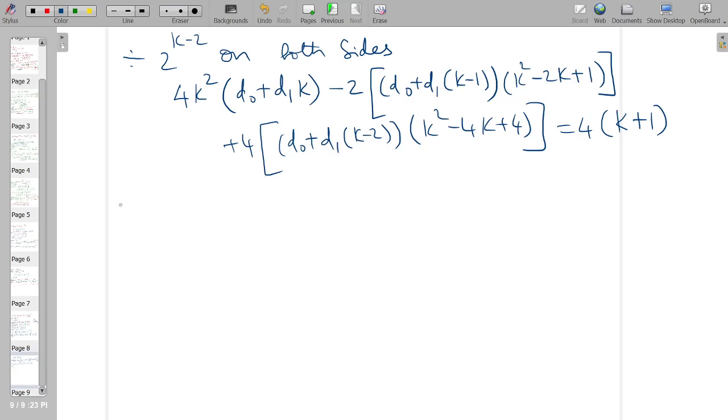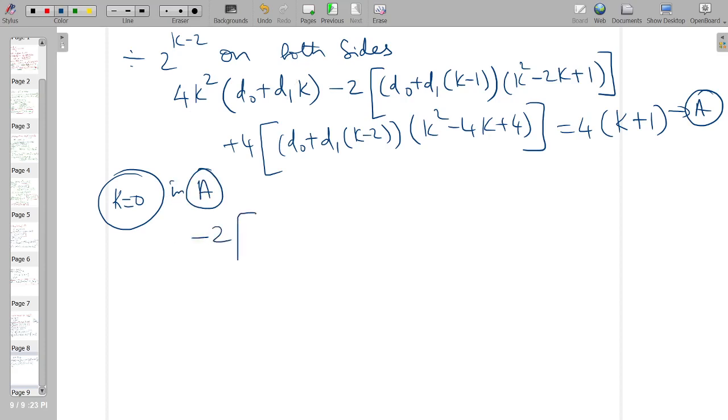To do this you can expand and equate the coefficient of k and the constant. But what I will do is simply substitute k is equal to 0 in this equation, which I will call equation A. When I do it, the first term would become 0.